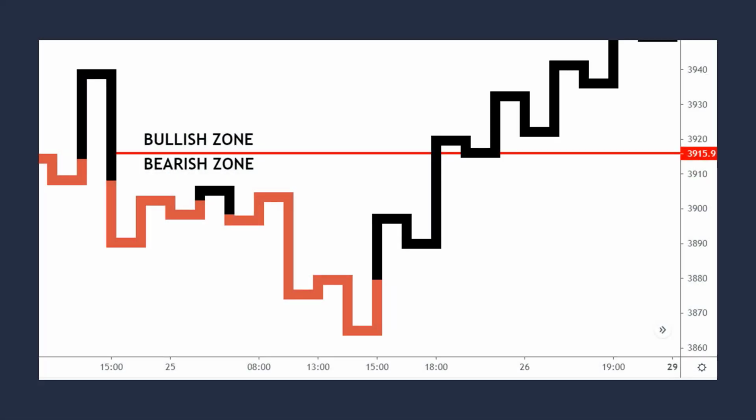Again, sticking with our S&P 500 1 hour chart, we can see in the left hand side there, the price has changed from black to red, indicating a bearish sell-off.